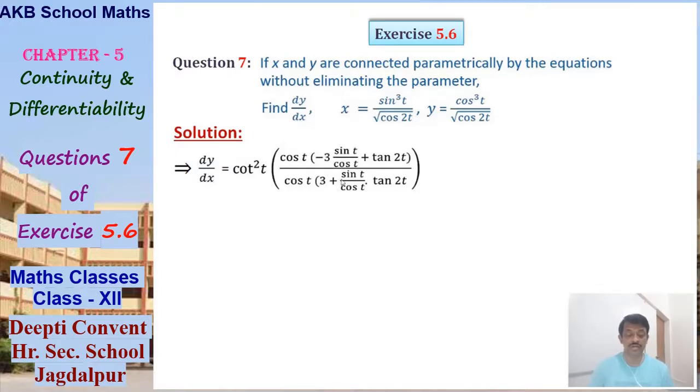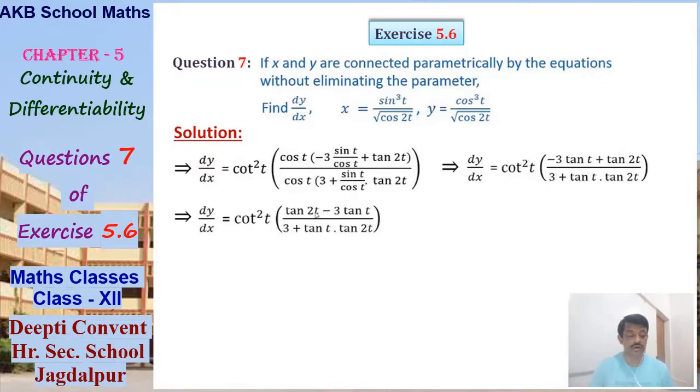Cos t common out, then sin t by cos t, tan t, tan 2t. Now we can write sin t by cos t as tan t. So dy by dx equals cot square t times minus 3 (cos t cancels here), so minus 3 tan t plus tan 2t upon 3 plus tan t tan 2t.